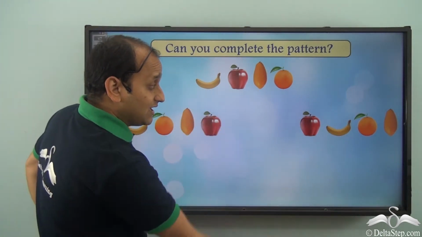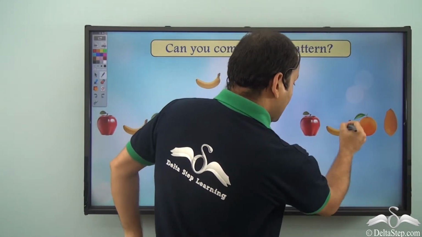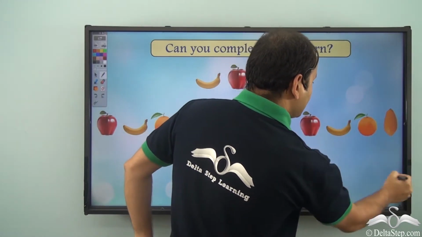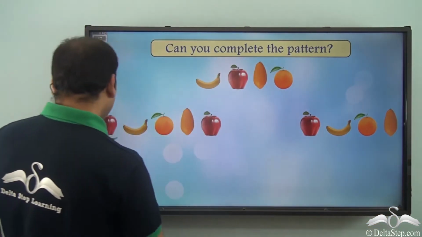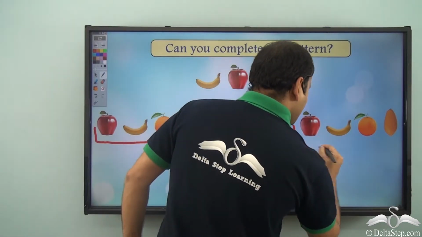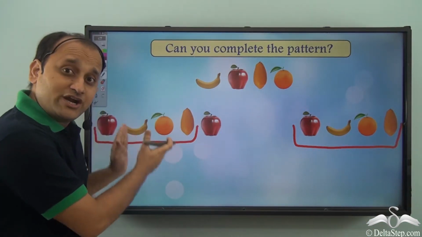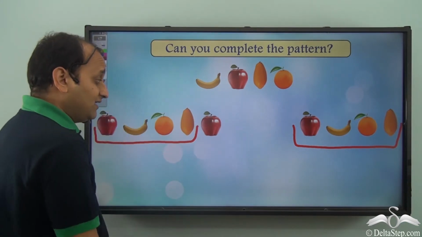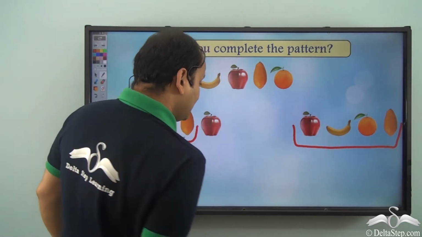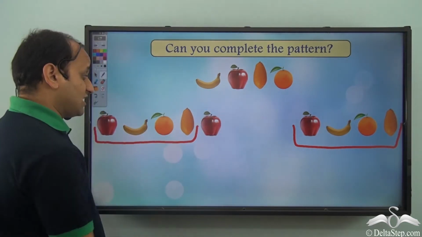So let's move to the last section of the pattern. We have an apple, a banana, an orange, and a papaya. So don't you think this particular thing has repeated here too? Yes. So this is the unit of repeat, and if we want to complete this pattern, then we need to place the fruits in this order itself.